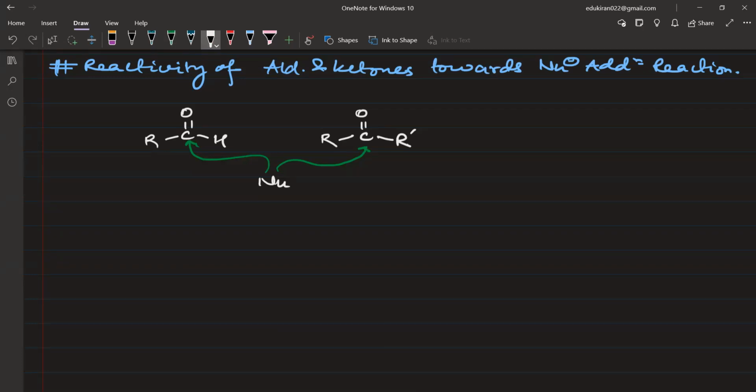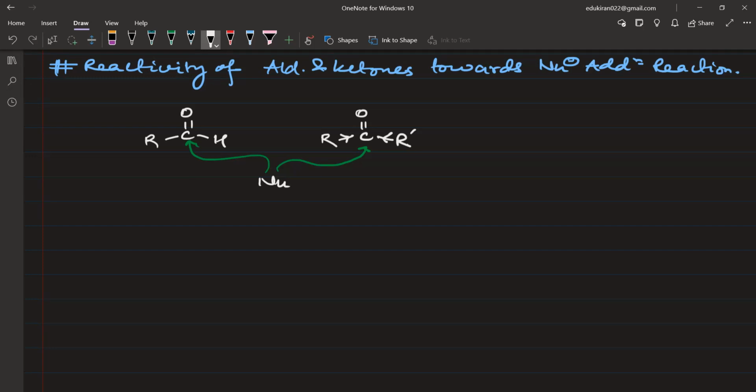Now, if this carbonyl carbon has a high positive charge, then it is going to be easier for the nucleophile to attack. But if you look at ketone, ketone has two electron donating groups, that is CH3 and CH3. That is why this carbonyl carbon is not as electrophilic, not as electron poor as the aldehyde carbon.